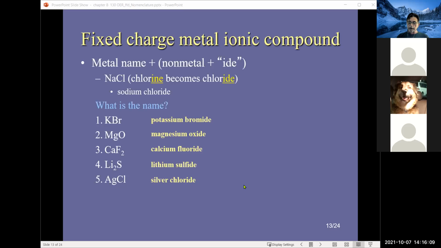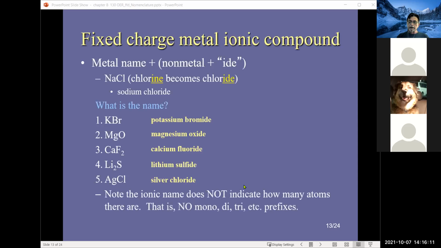We got silver chloride. And then again, main point, no prefixes, no di, tri. So calcium, number 3, is simply calcium fluoride. It is incorrect to say calcium difluoride, okay? Now you will find, if you read labels, I don't know, it's a marketing thing, they would put prefixes.